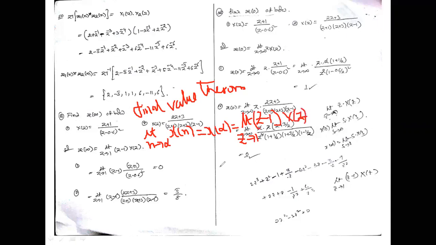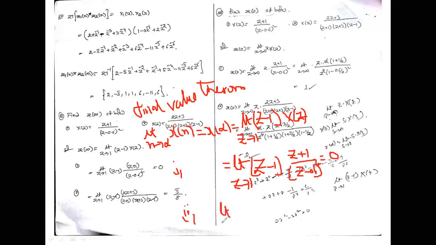For the first example here, limit z tends to 1 of z minus 1 into x of z. What is x of z? It is given as z plus 1 by z minus 0.6 whole square. Substitute z is 1, 1 minus 1 becomes 0. That is the first example.